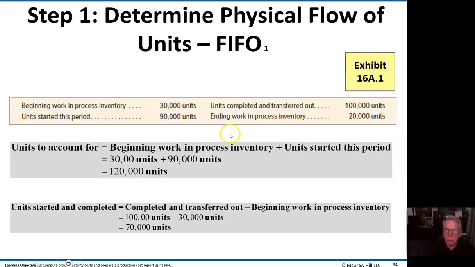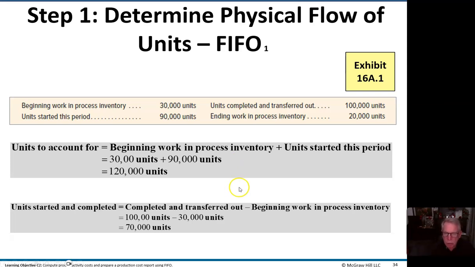So here, same example, we have beginning work in process inventory, units started during the period, units completed and transferred out, and ending work in process inventory. Same numbers we've been using in this PowerPoint. So the units to account for, in this case, is 120,000 units, the 30,000 units plus the 90,000 units.